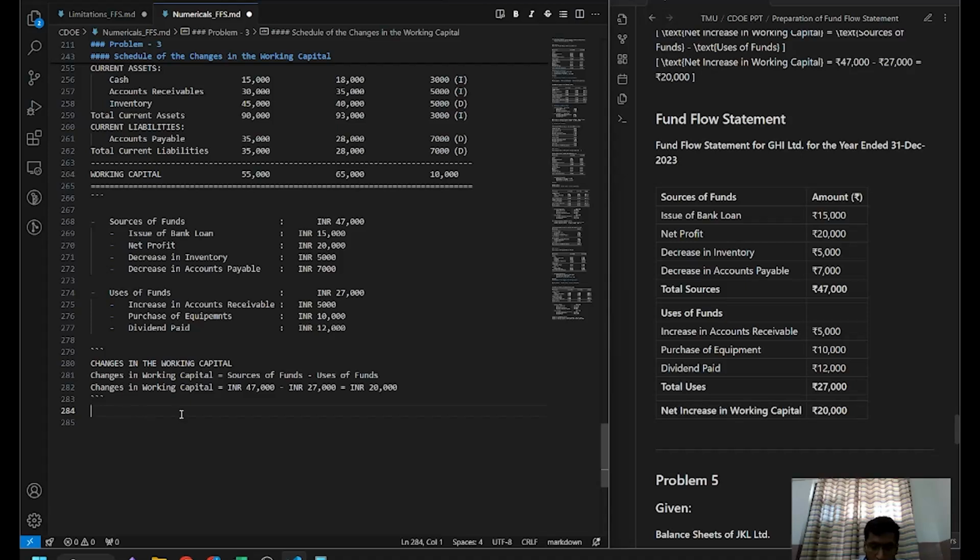Now finally we'll make the fund flow statement. Particulars, amount.